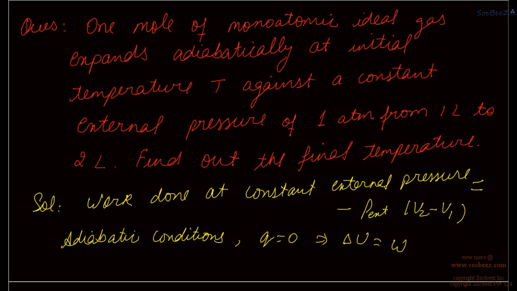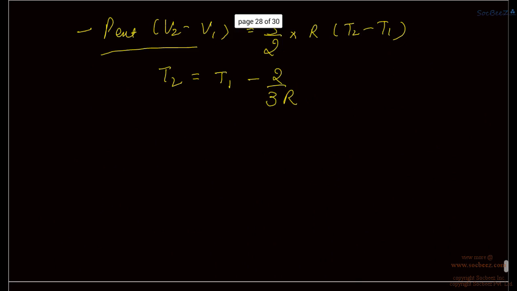This problem appeared in IIT JEE 2005 screening. So here, since the external pressure is 1 atm and V2 is 2 liter, V1 is 1 liter, this equals 1. On solving, we get T2 equals T1 minus 3R. So this problem is very easy. Therefore, you should have absolutely no problem in solving this question.